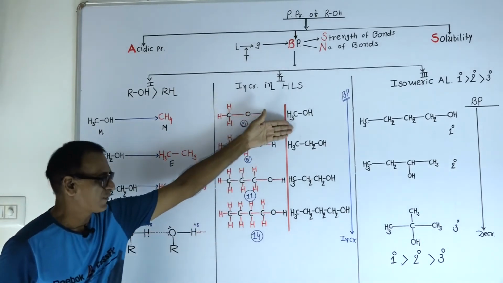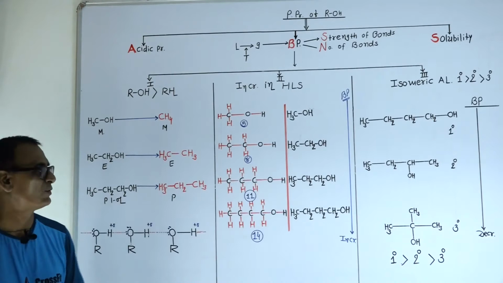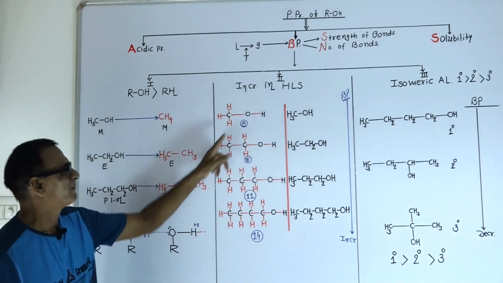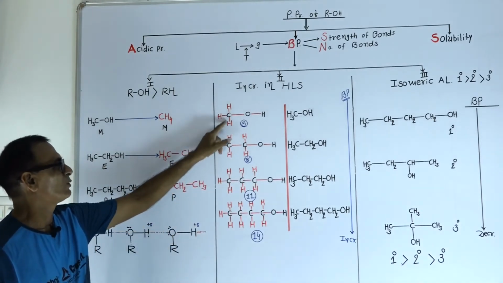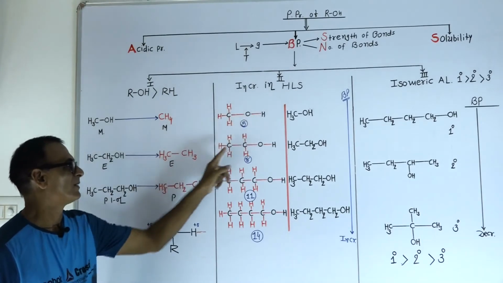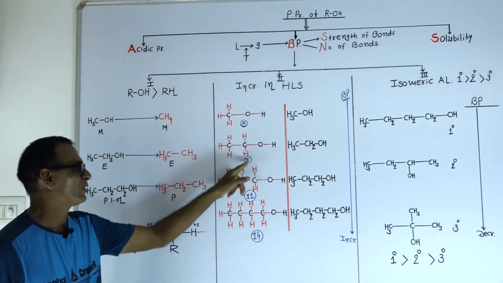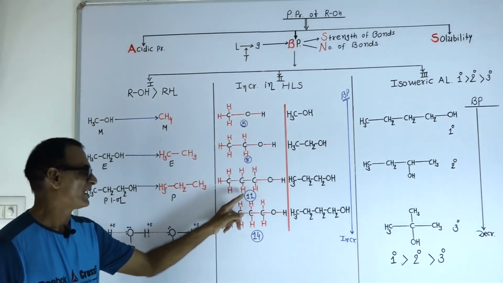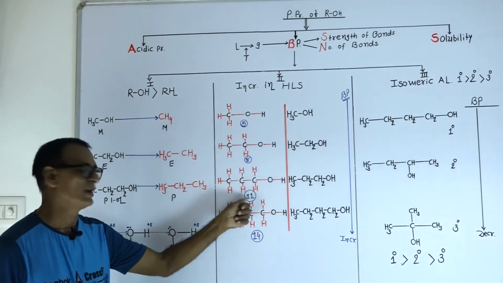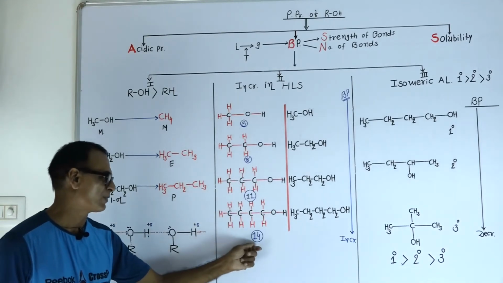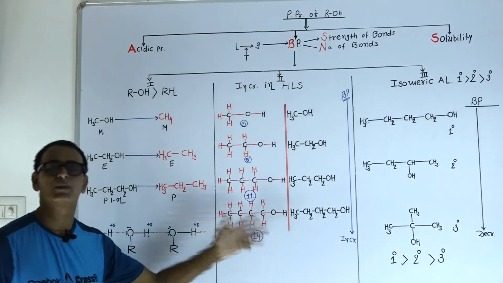As we go from top to bottom in this homologous series, in methanol there are 5 bonds. In ethanol 8 bonds are there. In propanol all 11 bonds are there. In butanol there are 14 bonds.